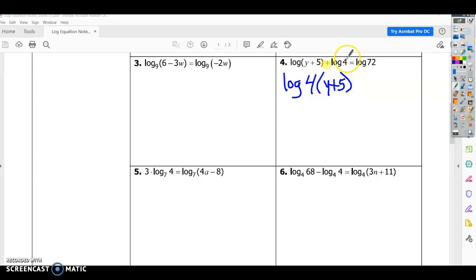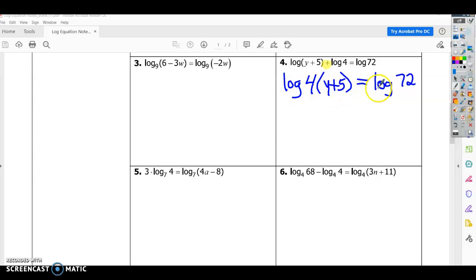And the commutative property says the order doesn't matter since that was one term. That's why I put it in the front. If you write y plus 5 and put 4 on the other side, that's the same thing. But addition, remember, changes to multiplication here.